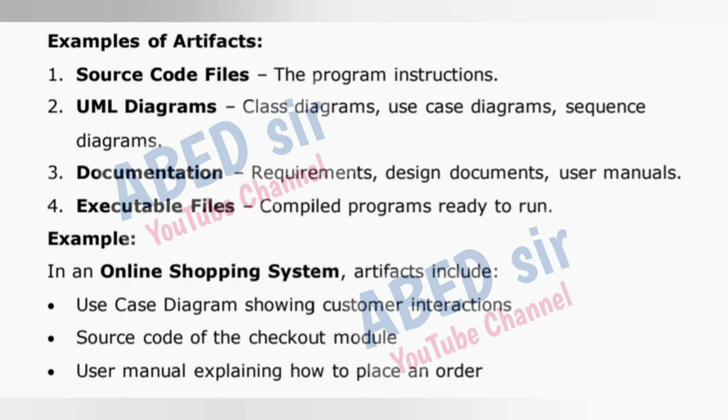Documentation, requirements, design documents, user manuals. 4. Executable files, compiled programs ready to run. Example: in an online shopping system, artifacts include use case diagram showing customer interactions, source code of the checkout module, user manual explaining how to place an order.